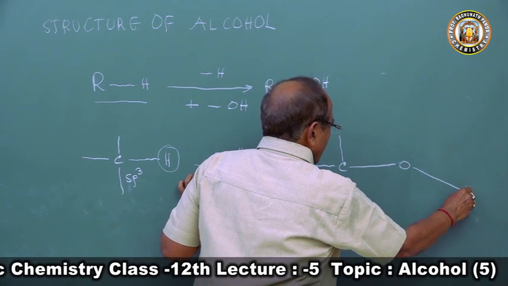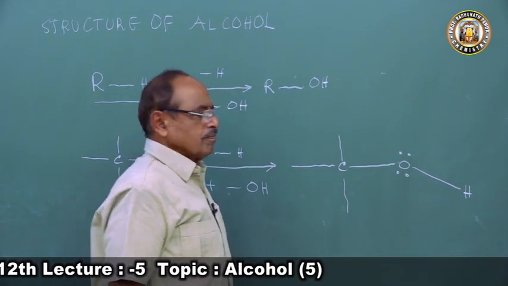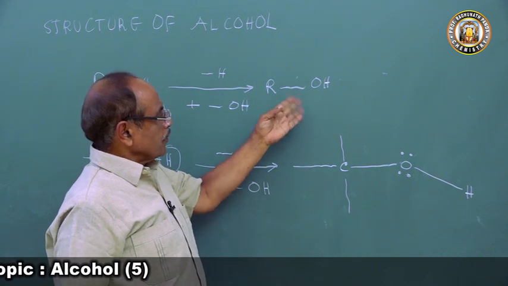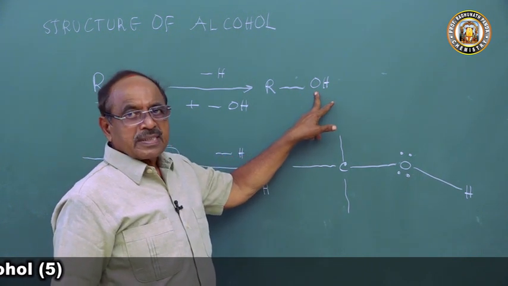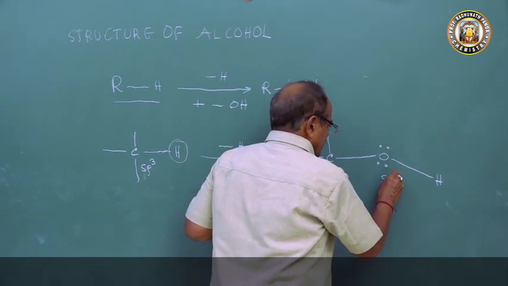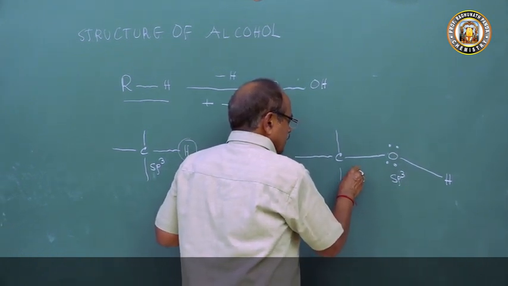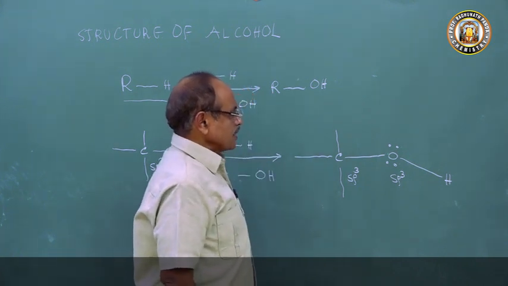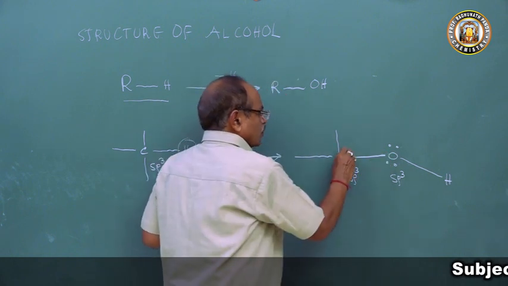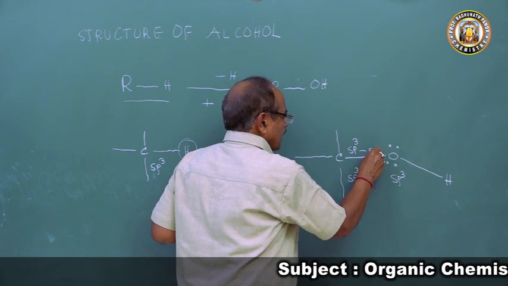This oxygen atom has two unshared pairs of electrons, and the oxygen atom of the OH group is in the sp3 hybrid state, and the carbon atom of the alcohol is in the sp3 hybrid state.